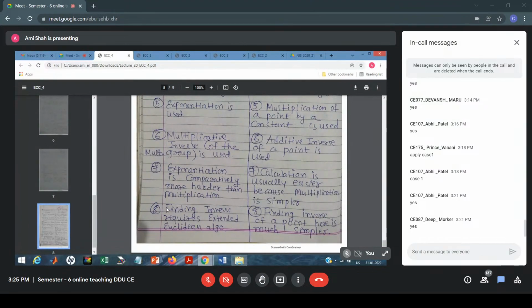The last difference is that finding an inverse requires the extended Euclidean algorithm, while in ECC ElGamal finding the inverse of a point is much simpler, right?